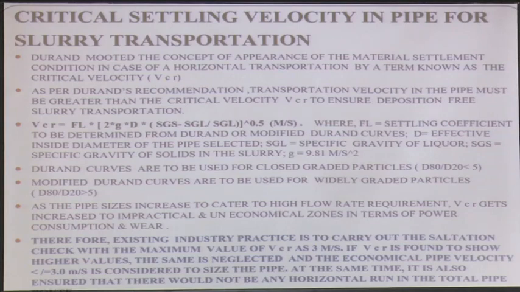Corresponding to 150, there is a pipe chart which will tell you the outside diameter, that is 168.3, minus 2 into wall thickness. That is precisely the inside diameter of the pipe. That value has to be put in here, converted into meters.